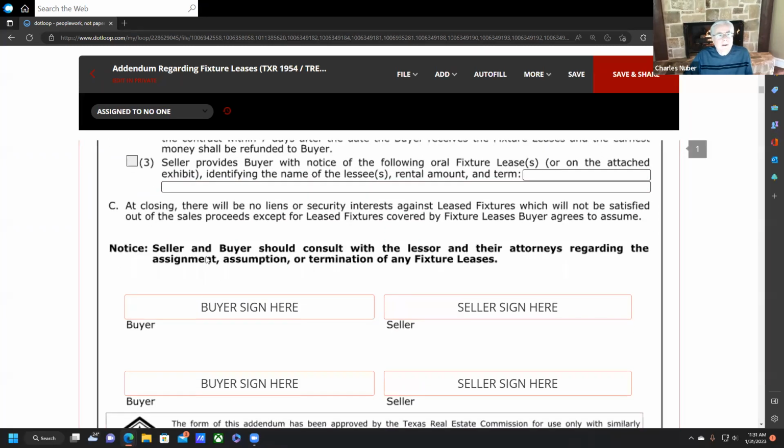At closing, there will be no liens or security interest against the lease fixtures, which will not be satisfied out of the sale proceeds, except for the lease fixtures covered by fixture leases buyer agrees to assume. So let's talk about solar panels, because I just love them. The solar panels have a lien on the property. It's on the deed. It's called a UCC-1.